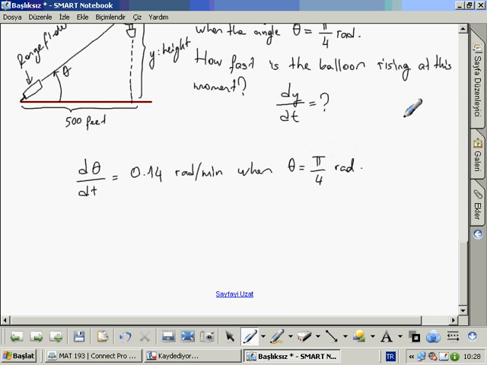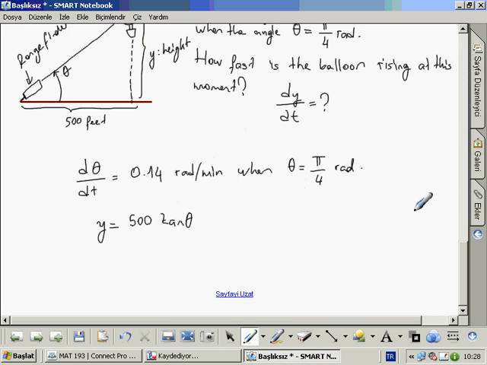And we know that y equals 500 tan theta, because tan theta equals y over 500.